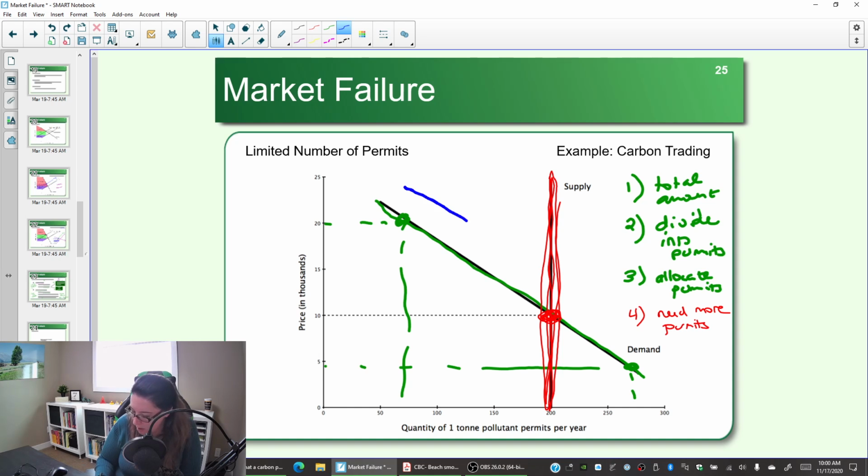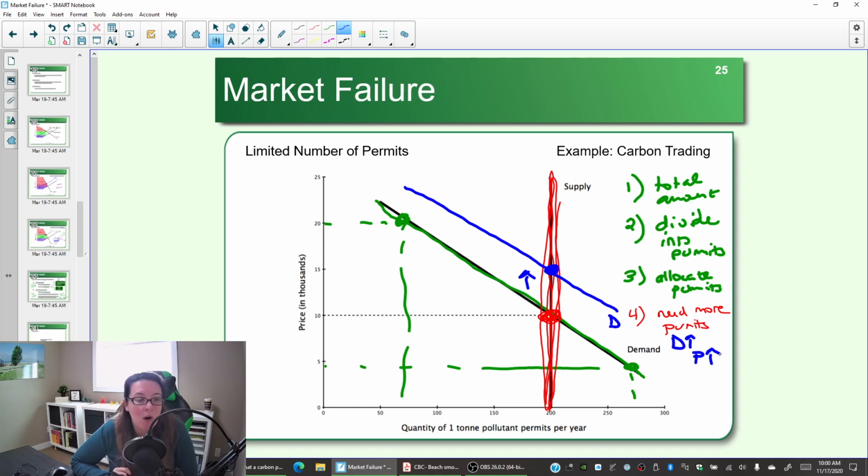And the more companies or countries want to produce and so pollute, the more it's going to make the price of the permits go up. So if you need more permits, demand will increase, and we know an increase in demand makes prices go up.